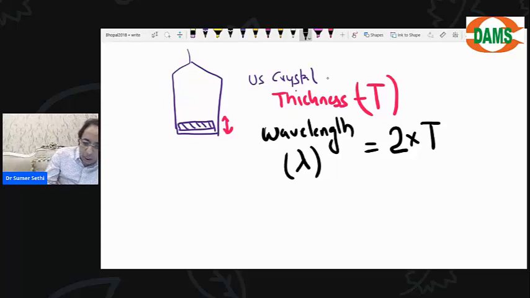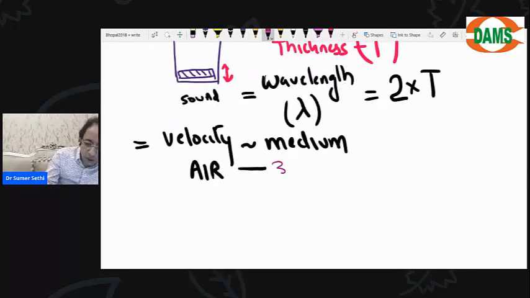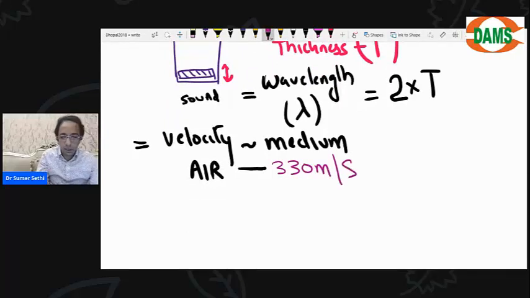And remember, what will be the velocity of the sound produced? Sound produced will have a velocity dependent on the medium. Can anybody tell me what is the velocity of sound in air? Velocity of sound in air is 330 meters per second. You remember this from school and your PMT times. But velocity in the human body you do not know.